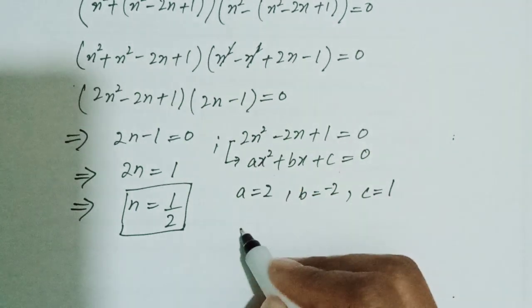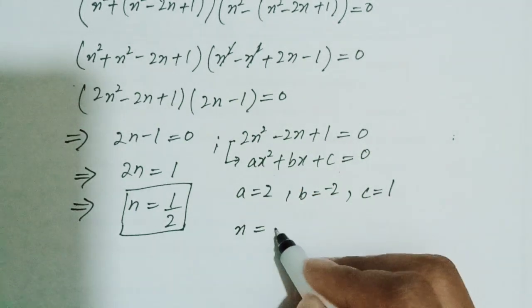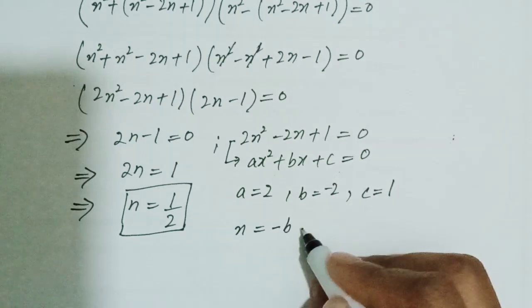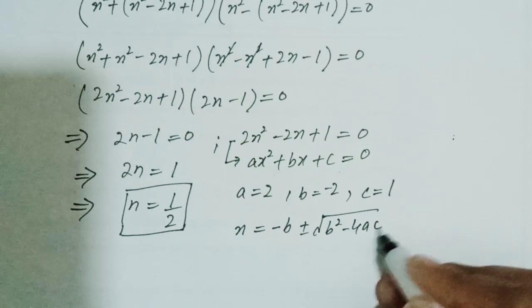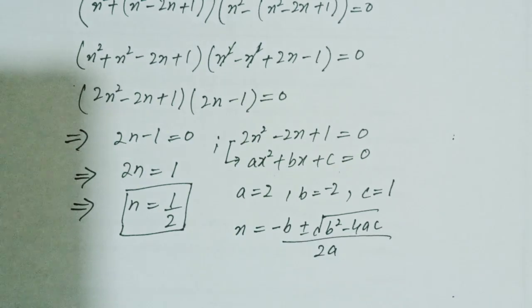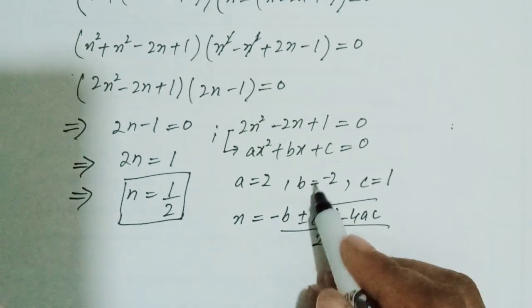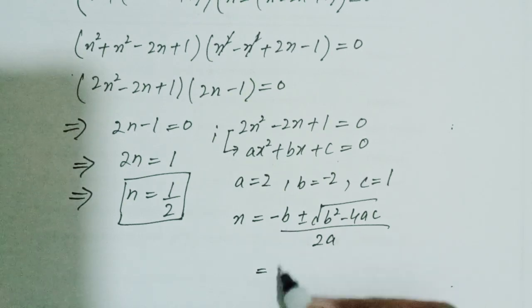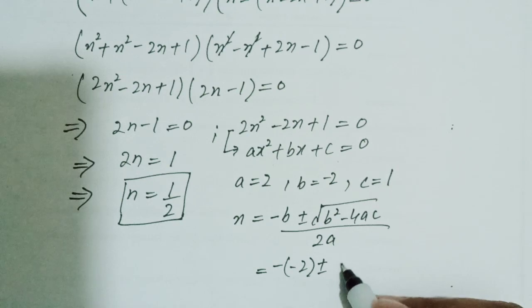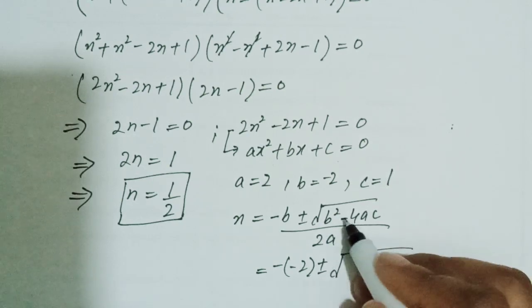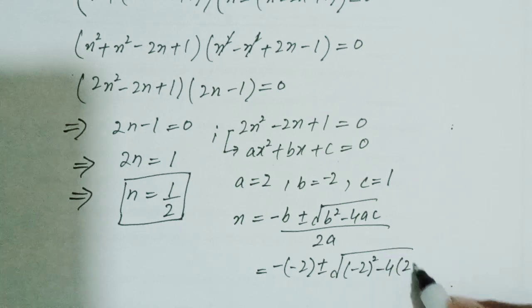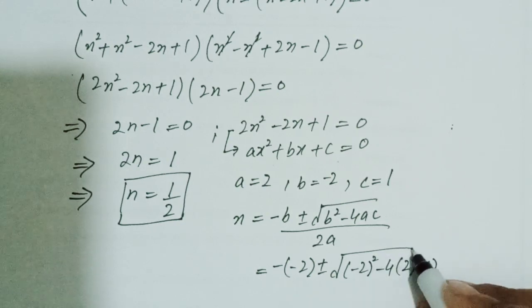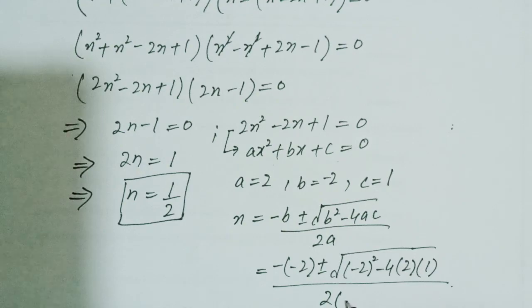For the value of n, I can write n equals minus b plus minus square root b square minus 4ac over 2a. So I have the values, so I'm going to apply these values. Minus minus 2 plus minus square root minus 2 square minus 4, a equals 2 and c equals 1, over 2, a equals 2.